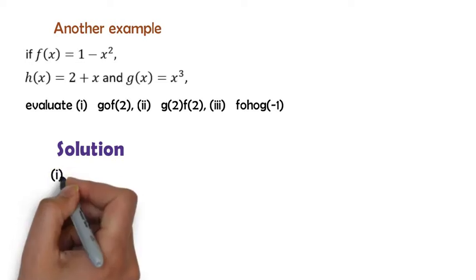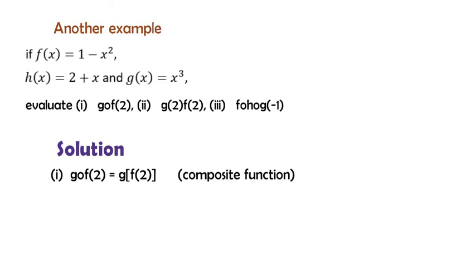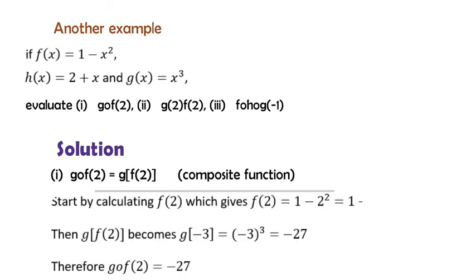g of f of 2 is a composite function, so we start by calculating f of 2, which gives f of 2 equal to 1 minus 2 raised to the power of 2, which is 1 minus 4, which will give us minus 3.